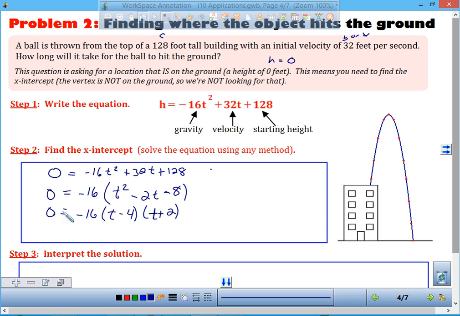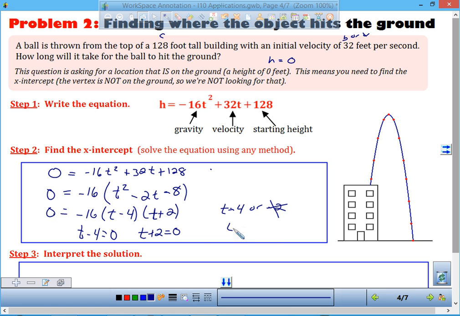The negative 16 equals 0 is not a solution because that's not true. Then I set t minus 4 to 0. So I have t minus 4 equals 0 and t plus 2 equals 0. So I get t will equal 4 or negative 2. And since you can't have negative seconds, negative 2 is not a solution.